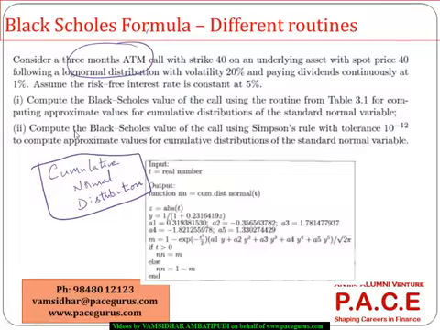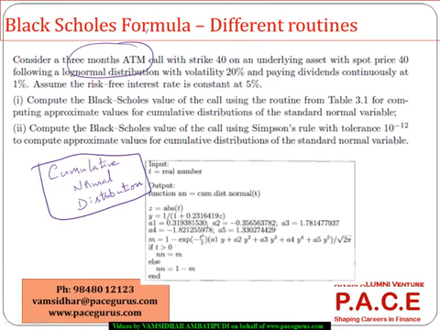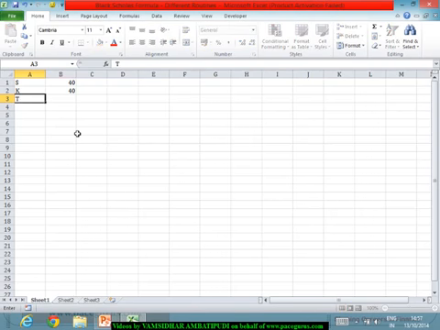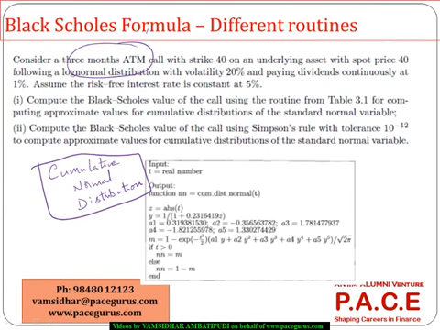Strike price is 40, the spot price is 40. So S I will take as 40. The K, which is the strike price, I'll take it as 40. The time to maturity T, I'll take it as 3 months, which is 0.25 years. And the spot price is following a log normal distribution.